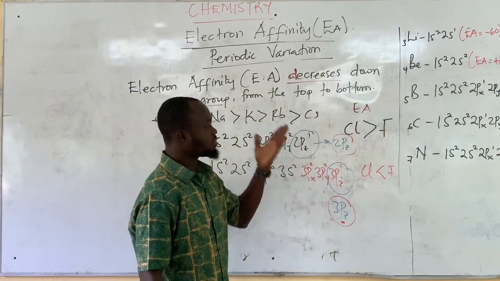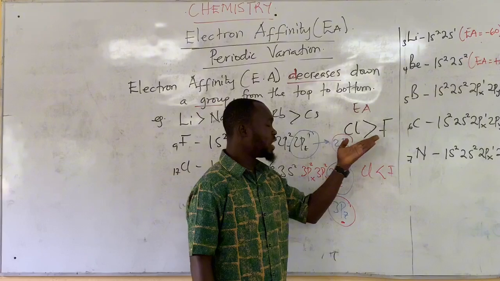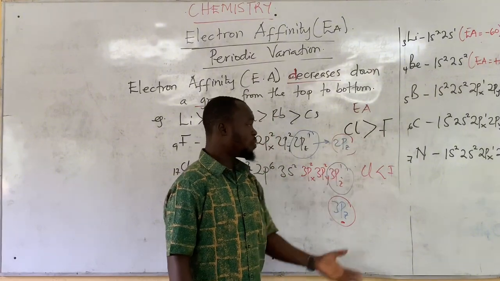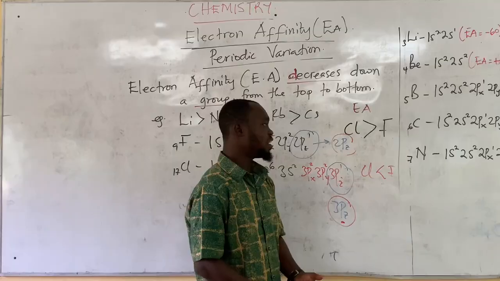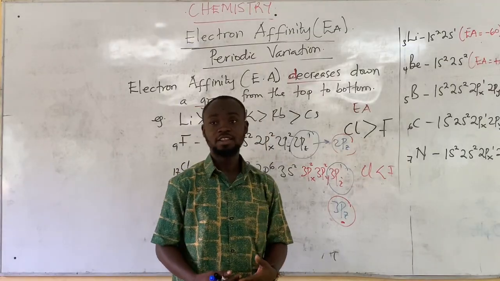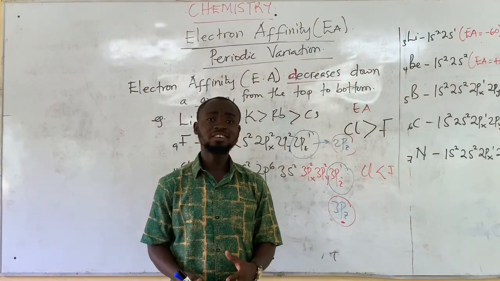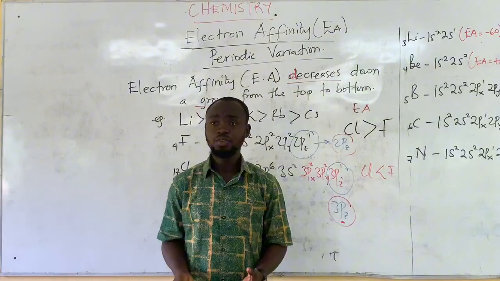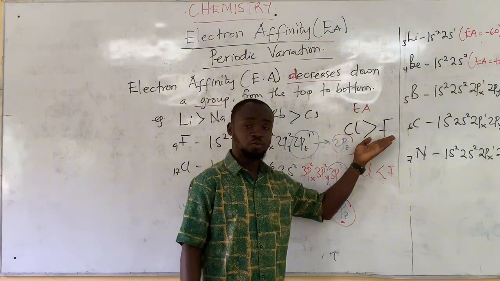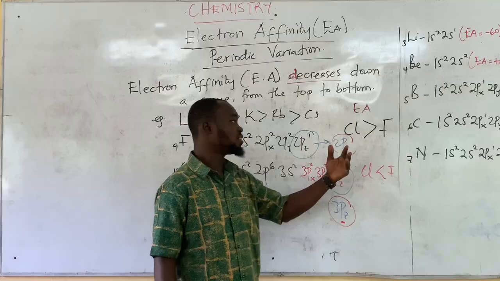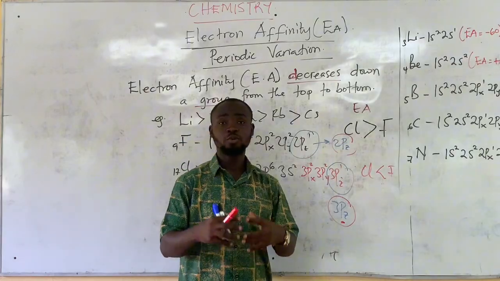we are saying that between chlorine and then fluorine, according to the general trend, we expect chlorine to have a lower electron affinity than fluorine. But since it is an irregularity, chlorine rather has a higher electron affinity than fluorine. And the reason is that the added electron is going to experience repulsion.